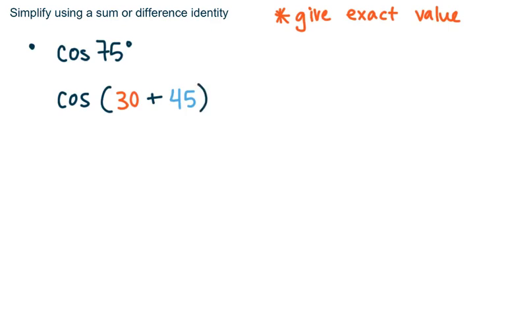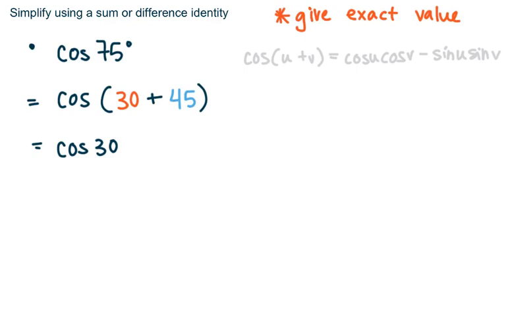And we think, okay, what's my cosine sum identity? I just learned it. Cosine of u plus v is cosine u cosine v minus sine u times sine v. So expanding this, I now have cosine 30, that's my u, times cosine of 45.